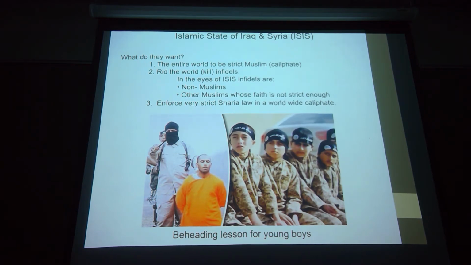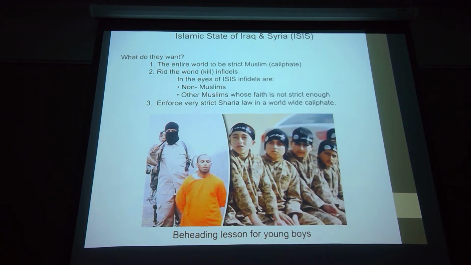Al-Qaeda wanted, under Osama bin Laden, to push out America and Western influence from the Middle East, specifically from the Arabian Peninsula. Why? Because that's where Islam began, in Arabia. They wanted to push Western influence out. But Osama bin Laden didn't want to take over America or take over Europe. That wasn't his mentality. He wanted to scare them enough for them to leave us alone and leave the Middle East.